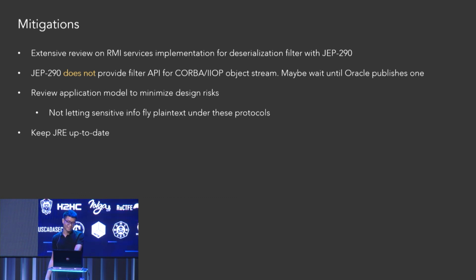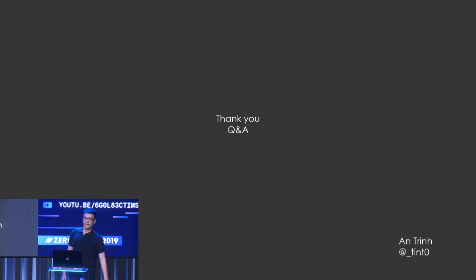However, JEP 290, as I said, does not provide a filter API for the IIOP object stream. So maybe you have to rely on other methods until Oracle publishes one. You should also review the application model to minimize design risk, like not letting the credentials fly in plain text under this protocol. And keep your JRE up to date. Thank you. That's my talk.